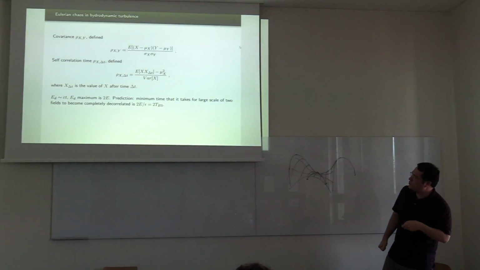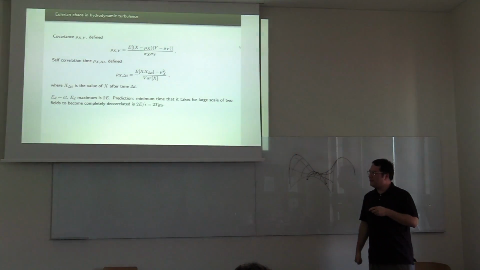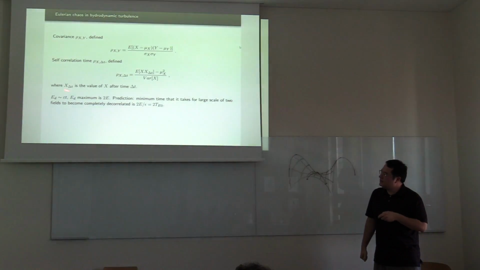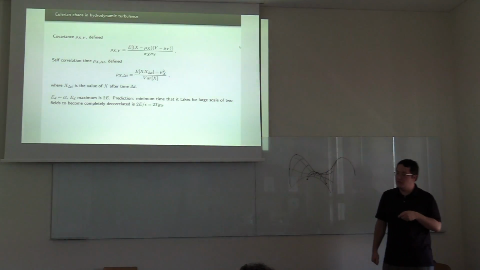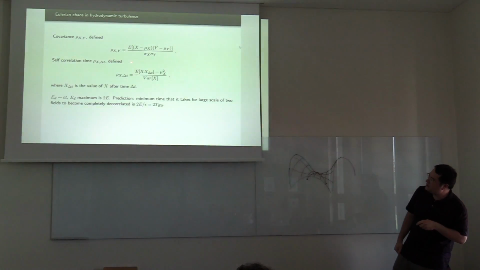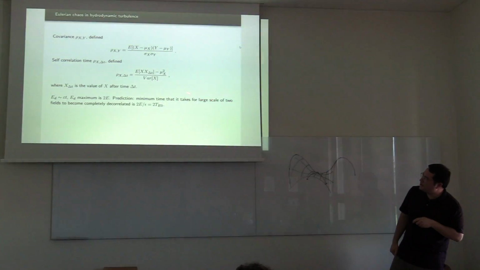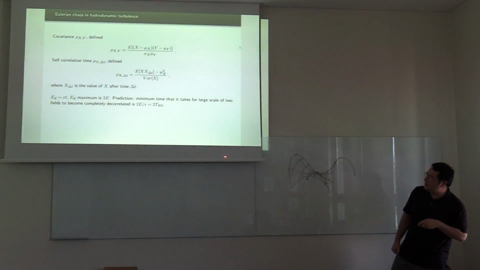Now, at what sort of time will they become completely decorrelated? Well, since the error growth goes like epsilon, the dissipation, times time, and the maximum value of the error is 2 times the turbulent energy because of the way we defined it, the minimum time it takes for a large scale of 2 fields to become completely decorrelated should be 2 times T E naught, where T E naught is U over dissipation.